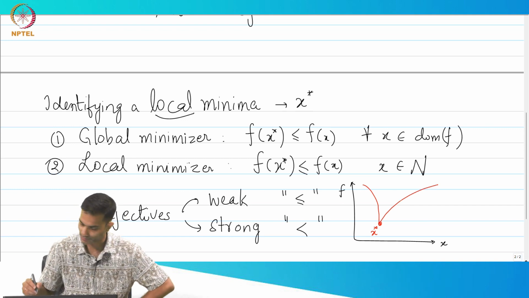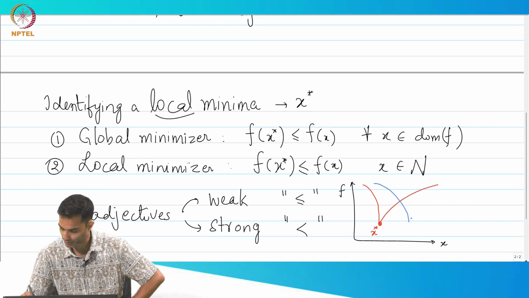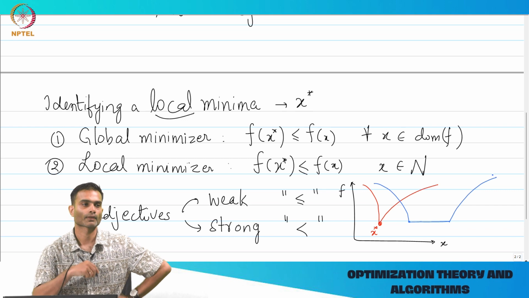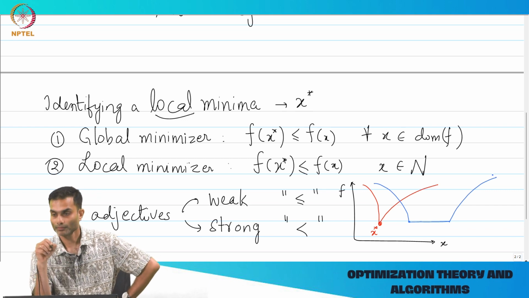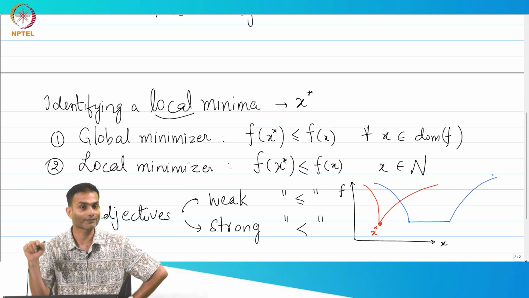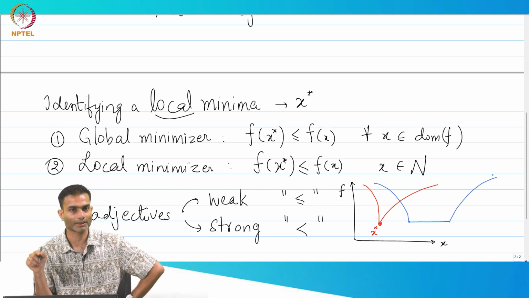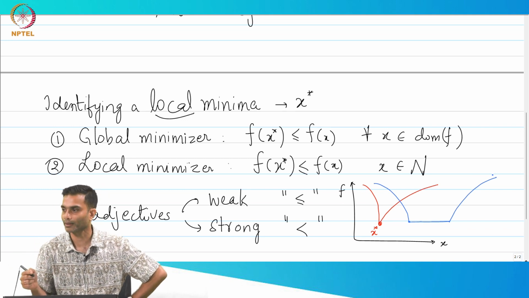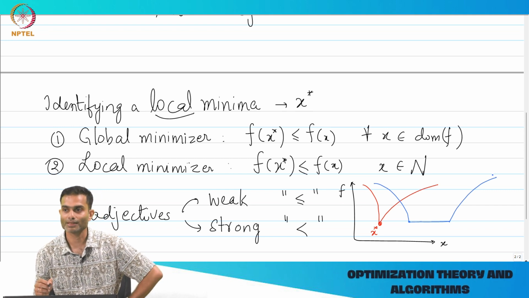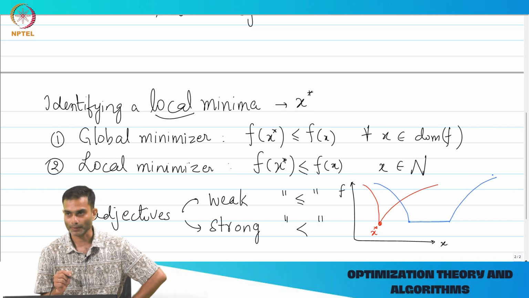I could also have something like this, where it comes over here. Right? Now I have all these points on the same line that are all minimizers. So they are weak minimizers because that equality is being satisfied. And you can have both that are happening. So this less than equal to or less than can make a difference.